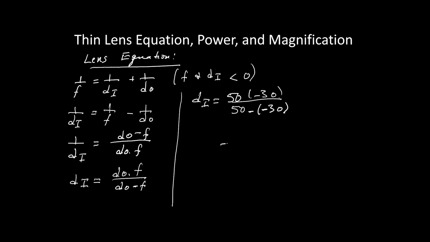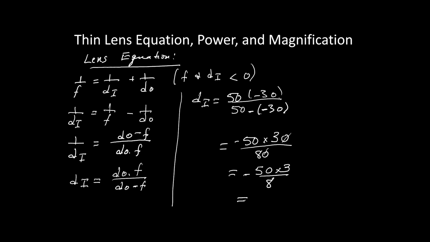Maybe we can simplify things. So here's the negative 50 times the 30 over, now this becomes plus, so 50 plus 30 is 80. The zeros cancel out. So this is negative 50 times 3 over 8, which is basically negative 150 over 8.